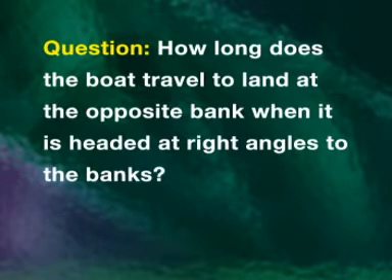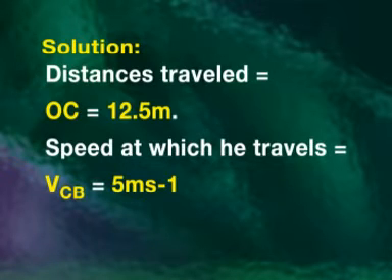Let's consider this question again. How long does the boat take to land at the opposite bank when it is headed at right angles to the banks? Distance traveled, OC equals 12.5 meters.